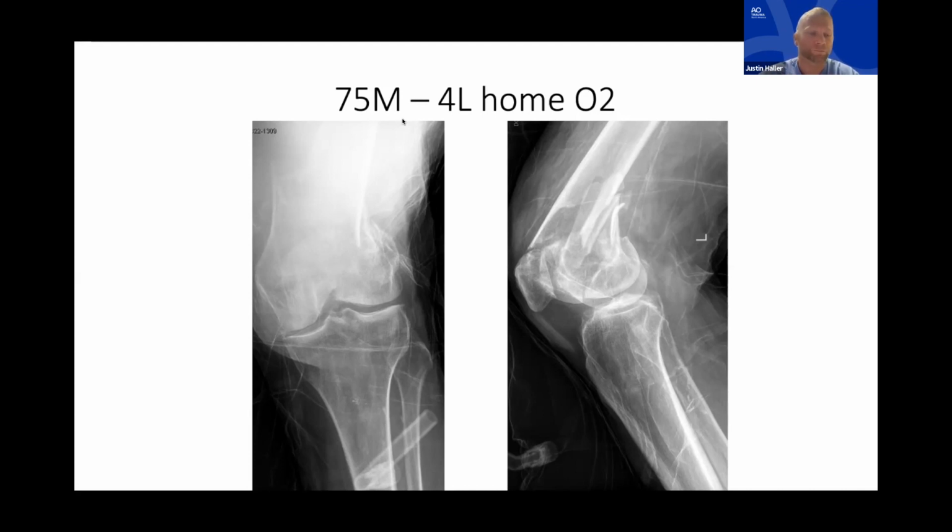Marshall, is this patient going to be seen by the arthroplasty service as well for a DFR, or is this something you're thinking about fixing? A minimal, not simple, intra-articular fracture, but also a coronal plane fracture. I think the other thing to consider is that if they're on 4 liters of home oxygen, it's not like they're running marathons.